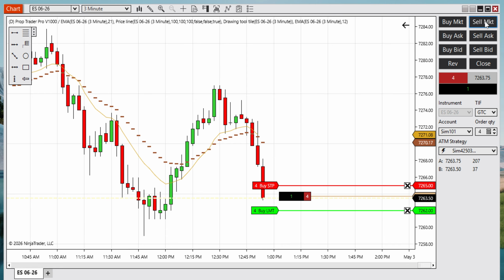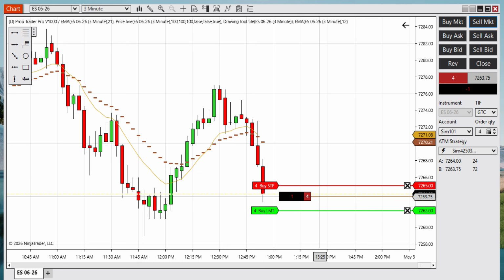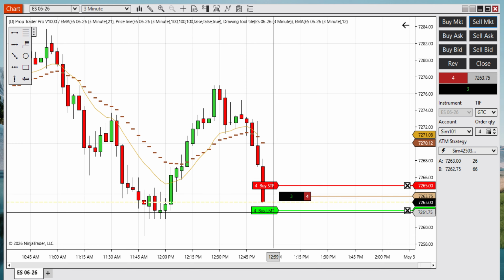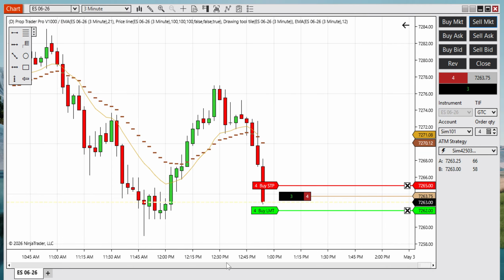The minute I click this sell market, all the settings that I had selected for this ATM strategy, the auto advanced trade management strategy, are applied to this entry. So I got an entry at the market price, and my stop loss and take profit are fixed.